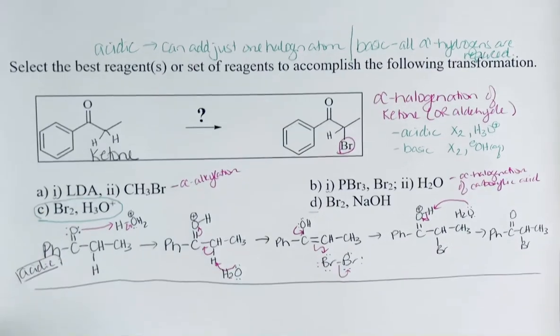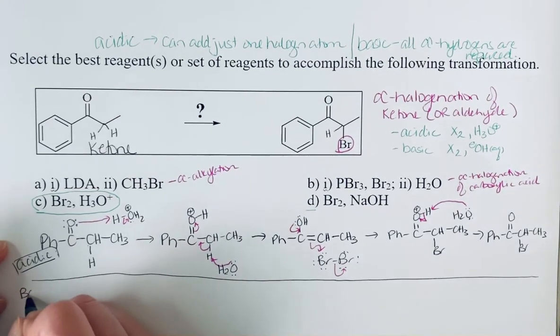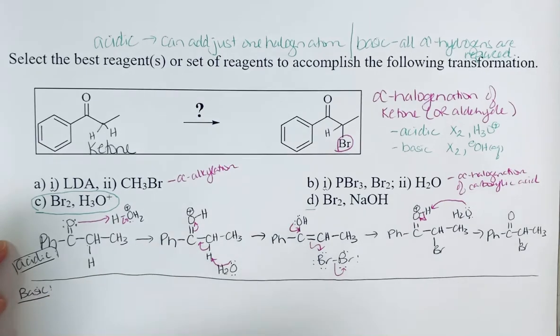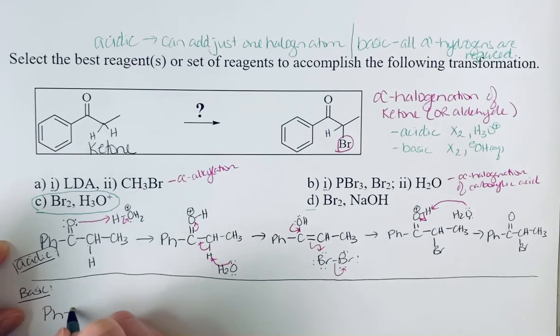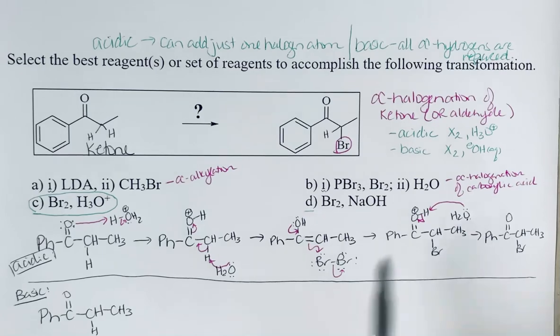So basic conditions involves first deprotonating. So here is your basic conditions. So you have the same starting material. And so now your first step would be to take your base, which would be the hydroxide, and remove that proton.